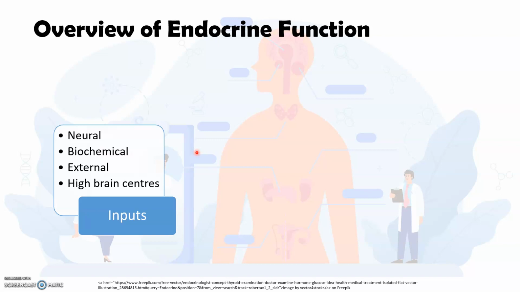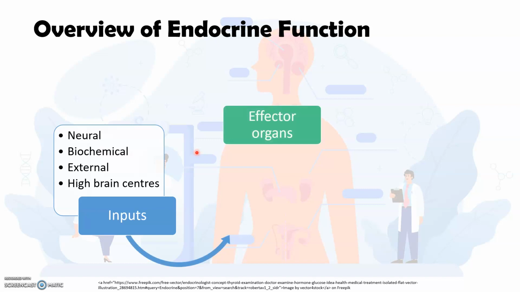All these inputs or stimuli will then work on the effector organs, which are the endocrine glands, to produce hormones. Now, just to very briefly mention the hypothalamic pituitary axis, which is a system set up for the control of certain hormones, which we'll talk about later on in the talk.